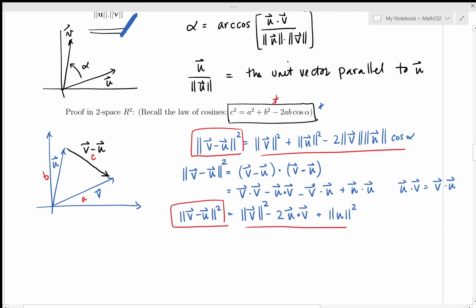So I am going to write down here the norm of v squared minus 2 u dot v plus the norm of u squared, and then that is going to be equal to, and I'm writing this one here.